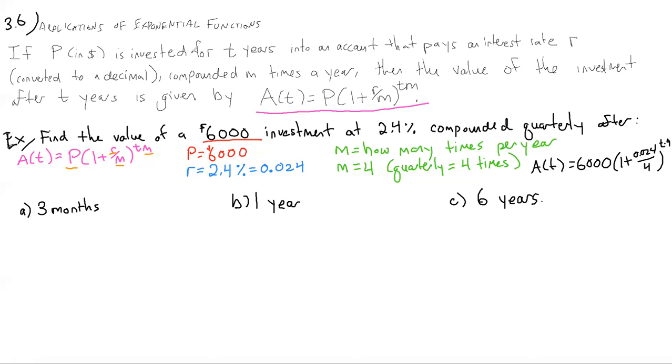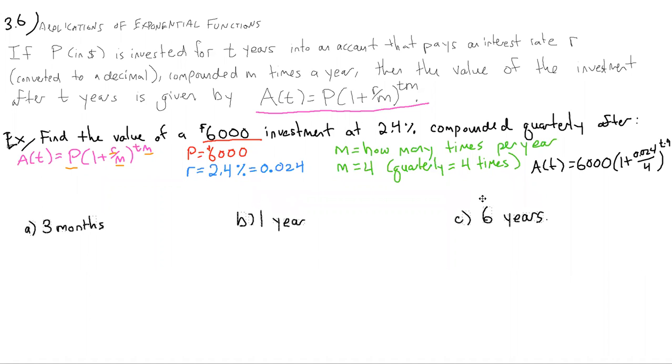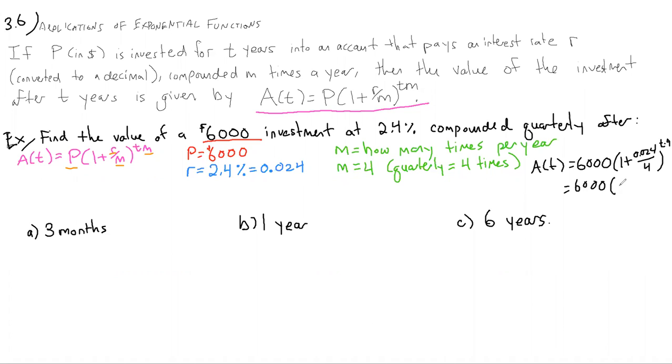If I want, I can clean that decimal up a little bit. I'll usually try to give you decimals that are at least sort of nice. So we get 6,000 times, on the inside I can clean that up, 1.006 to the 4t. That's going to be my general formula.